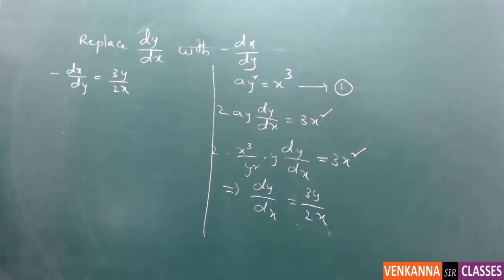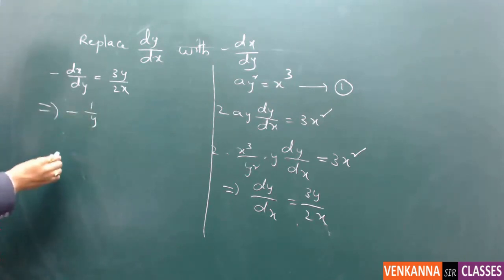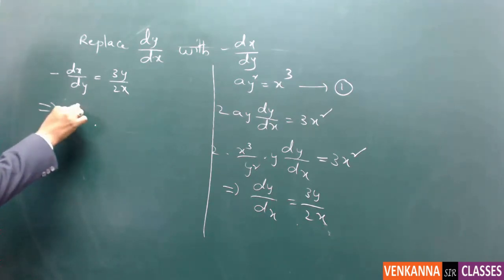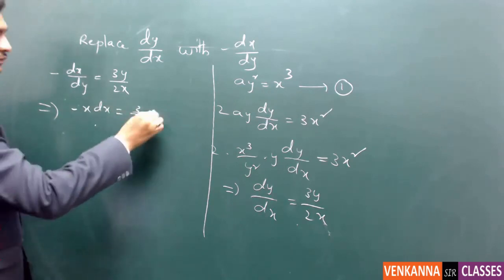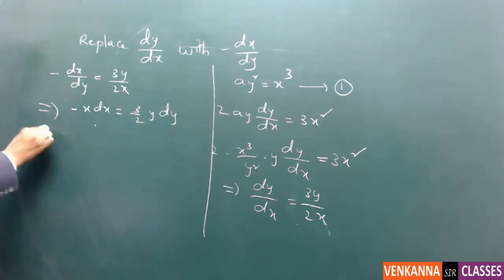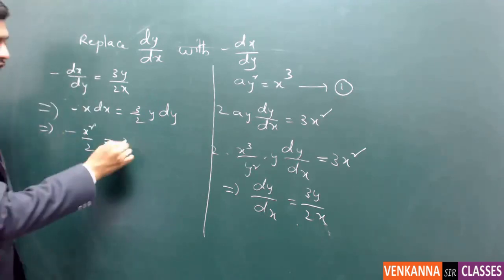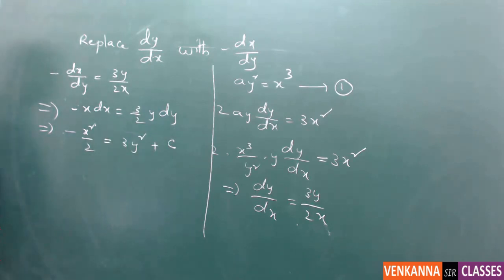Now you are going to solve the equation. So make it variable separable. So on doing integration, minus x square by 2 is equal to 3y square plus integration constant c.